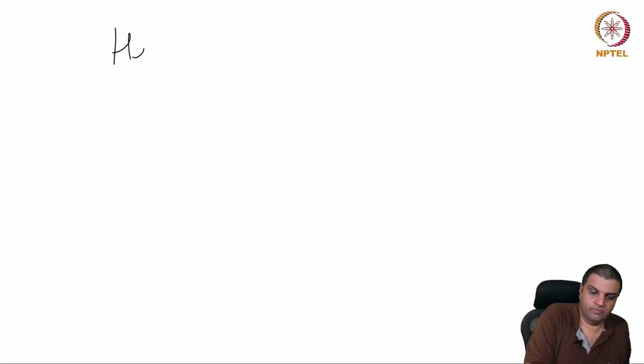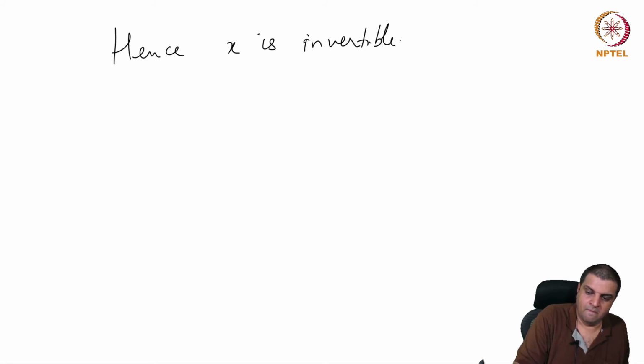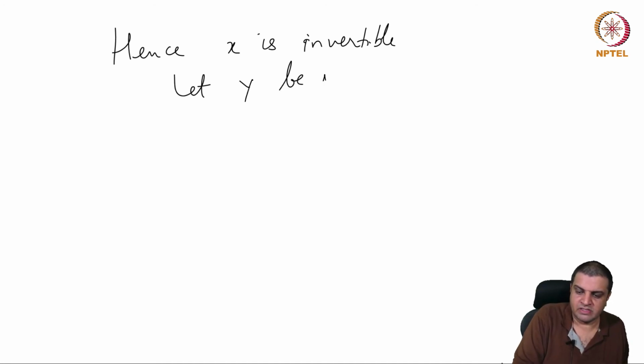Hence X is invertible. Okay. Let Y be its inverse. When we say invertible for multiplication, here we mean its multiplicative inverse.